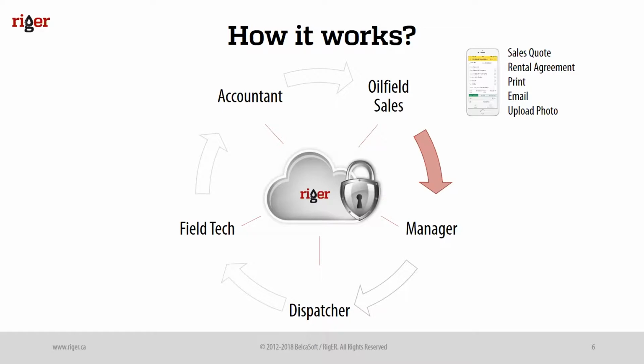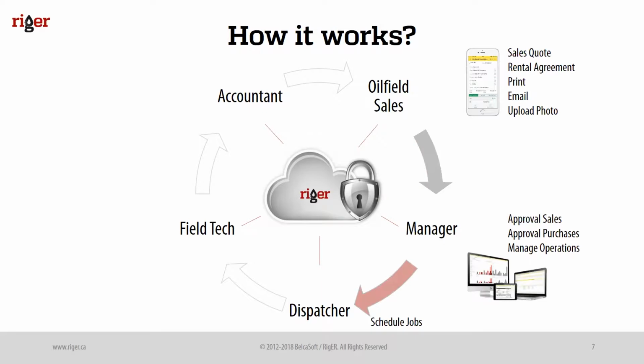So we will talk about different scenarios, and sales will be the first scenario which we will discuss. When sales did everything in the mobile app, everything goes to the manager, and the manager can approve sales, purchases, manage operations, and send information about what needs to be done to the dispatcher.